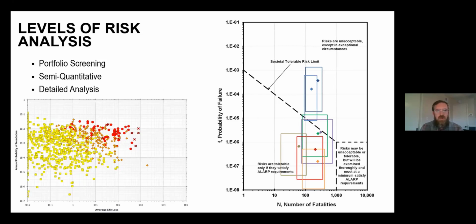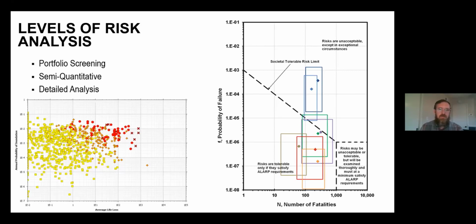And lastly, you have a fully quantitative or a detailed risk analysis. And on the right there, you see the boxes with a best estimate represented by the dot in the center of that box. And the uncertainty in that risk is quantified both in terms of the probability of failure and in the number of fatalities.